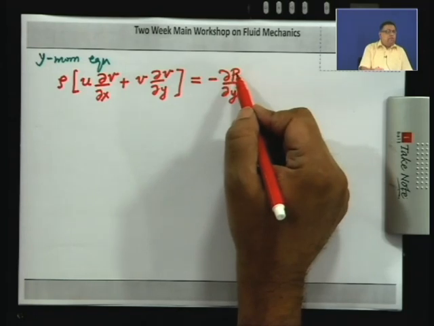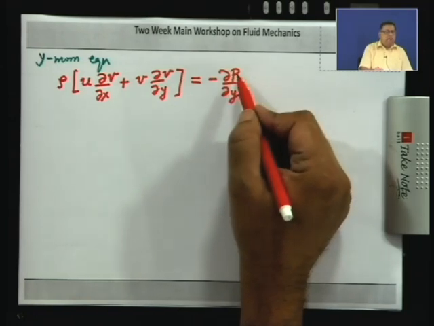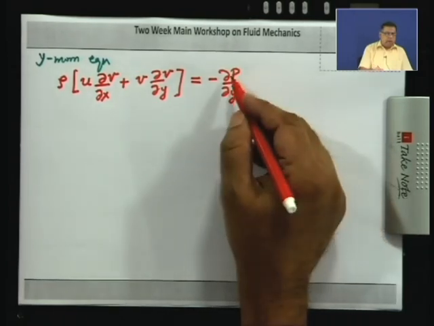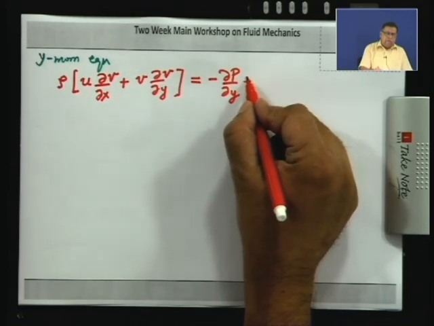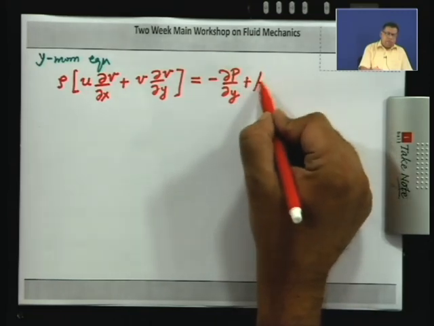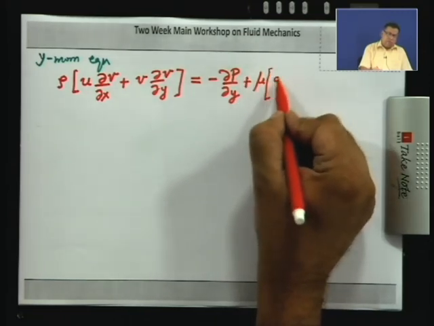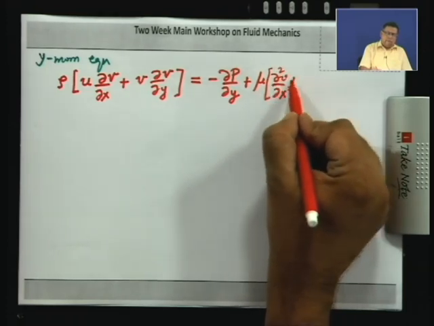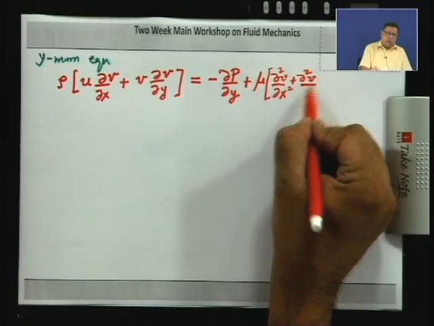This p is your piezometric pressure. So, this term accounts for the effect of gravity as well as the net pressure force on a fluid particle, and then you are going to have the viscous term mu into del 2 v del x squared plus del 2 v del y squared.